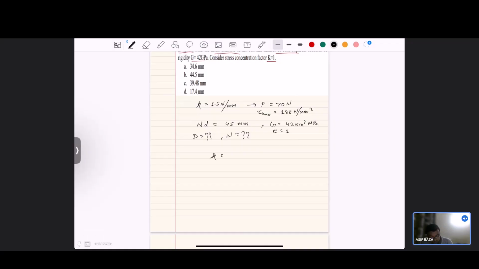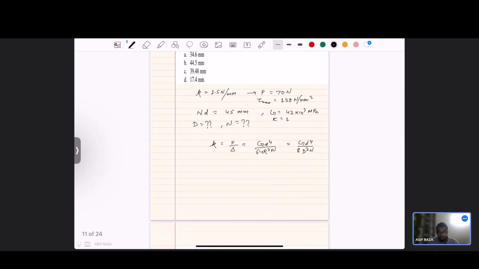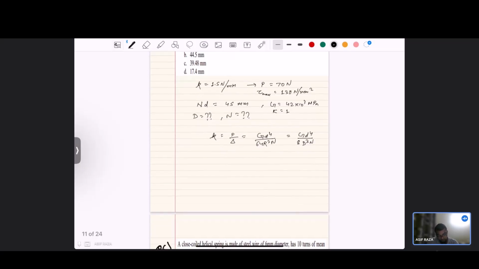So first thing first, using the formula for the spring, and that is given as this: 64 R cube N upon GD to the power 4, and that can be simplified as 8 D cube N upon GD4.